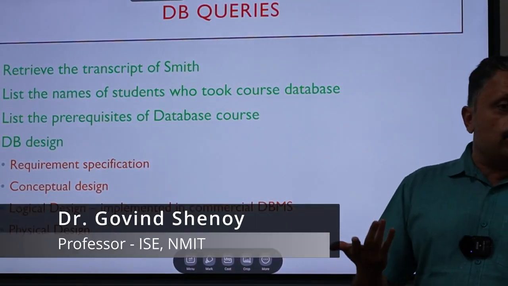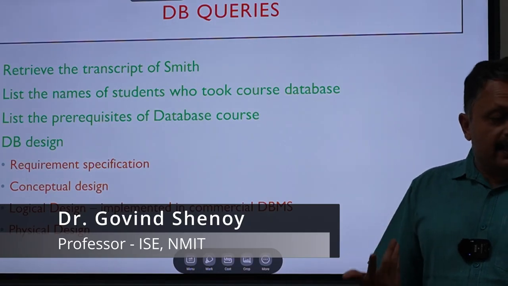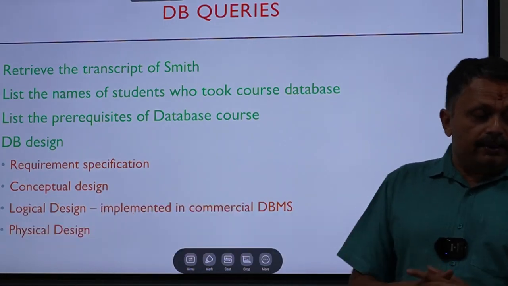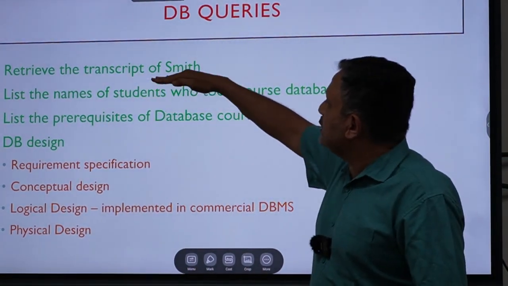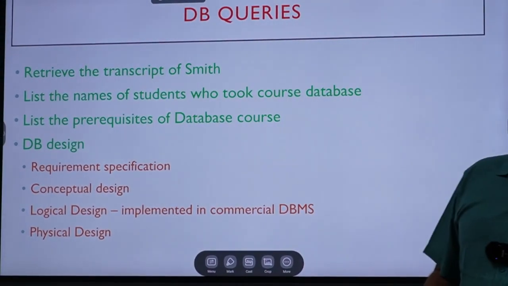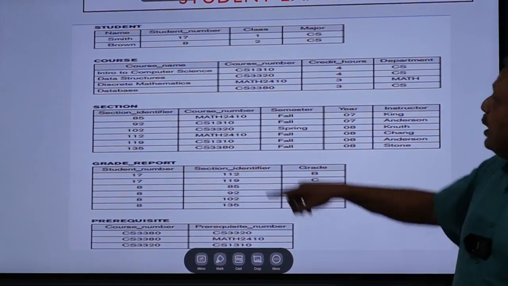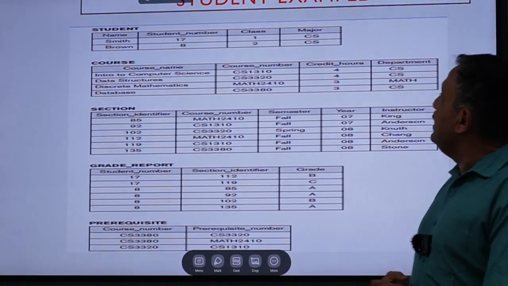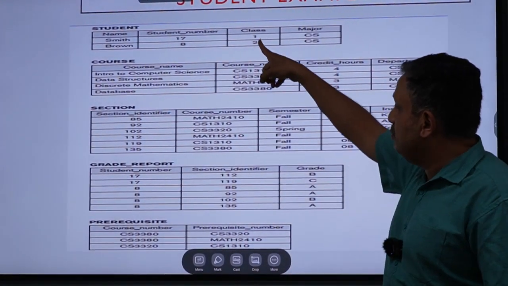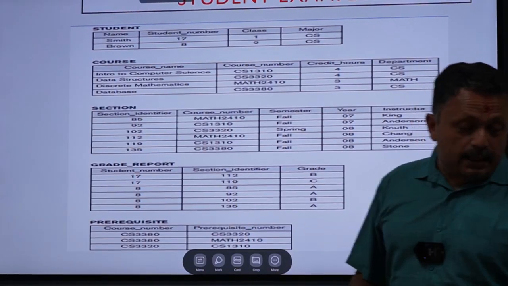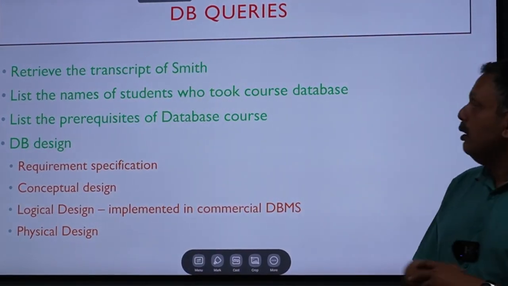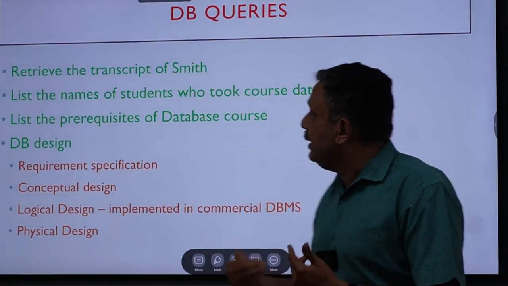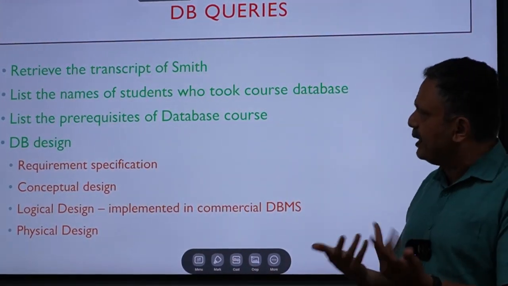For instance, if you want to know the marks of Smith, some student named Smith, if you go back, you have Smith here and he is in class 1. So if you want to know that, you query the database. This is the way in which you retrieve the details of the data of a particular student.